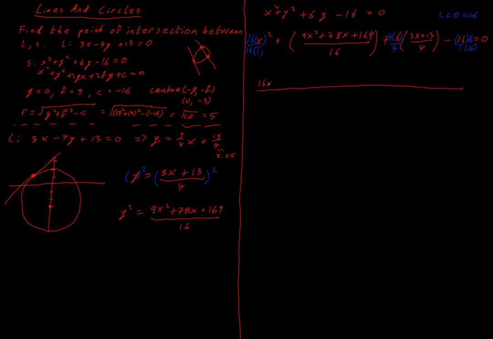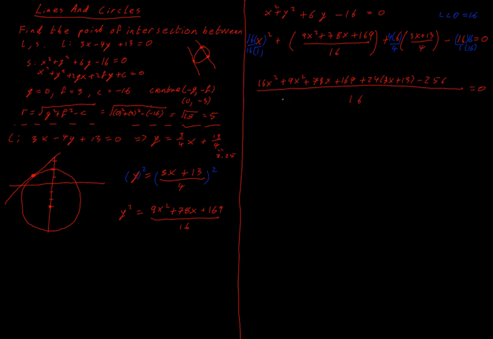So I get 16x squared plus 9x squared plus 78x plus 169 plus 24 times 3x plus 13, minus 16 times 16 is 256, all over 16 is equal to 0.